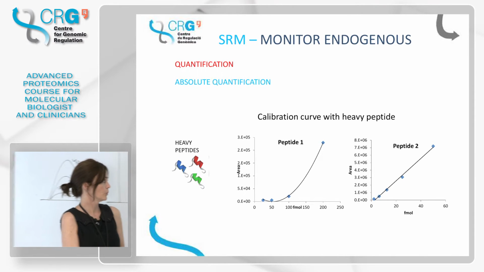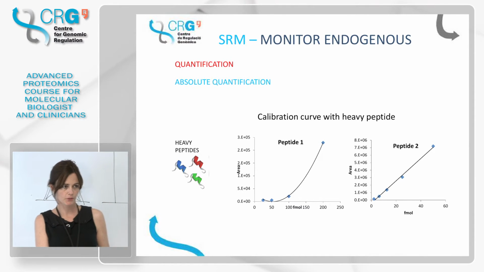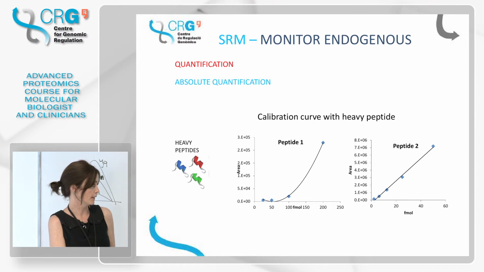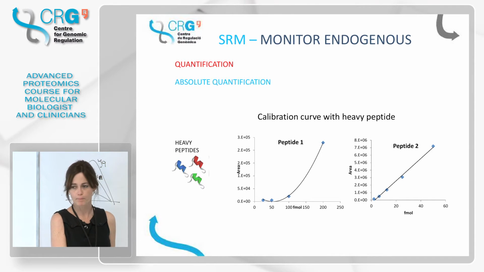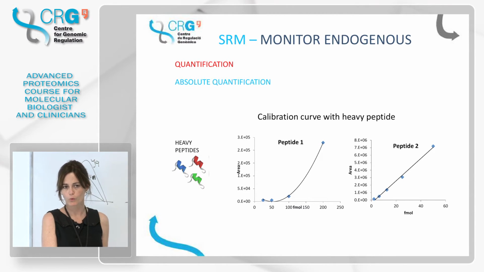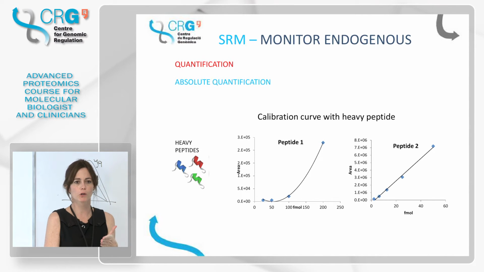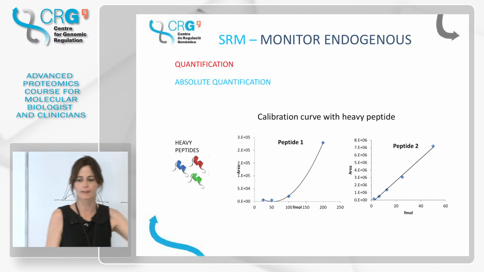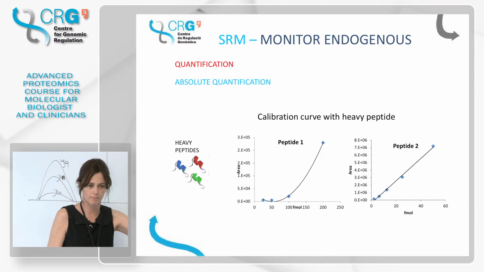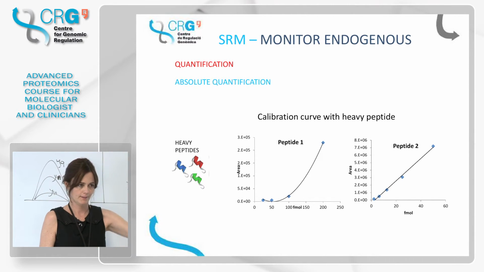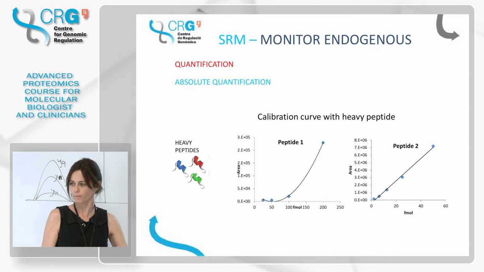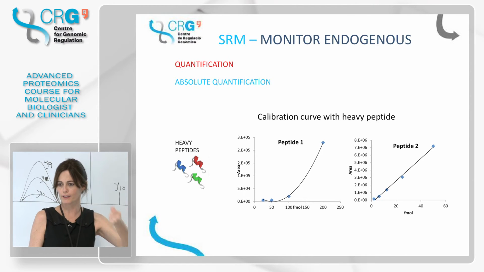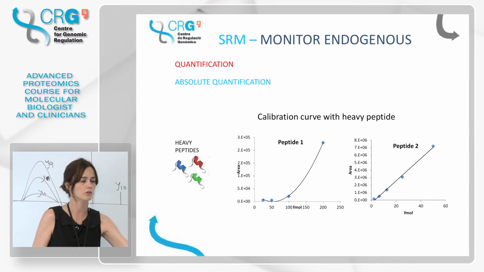And then again, to do the absolute quantification, we need to do a calibration curve with our heavy peptide to know these femtomoles of heavy peptide correspond to this intensity in my instrument with my matrix, etc. And then we can tell, if I have these femtomoles of heavy peptide, I have these femtomoles of my endogenous peptide.